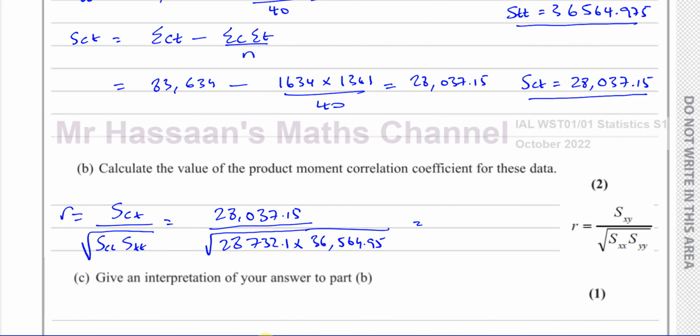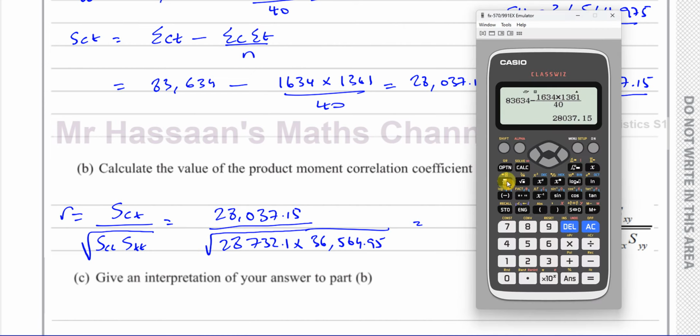So I'm going to just stick that in my calculator. I'm going to have fraction, my last answer, which was SCT, over the square root of 28,732.1. Just make sure that's correct. Yes. Times 36,564.95.